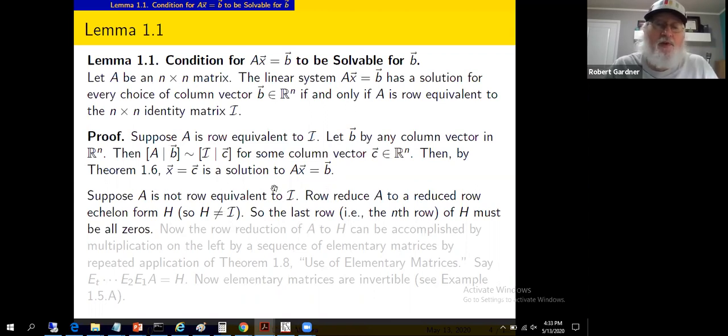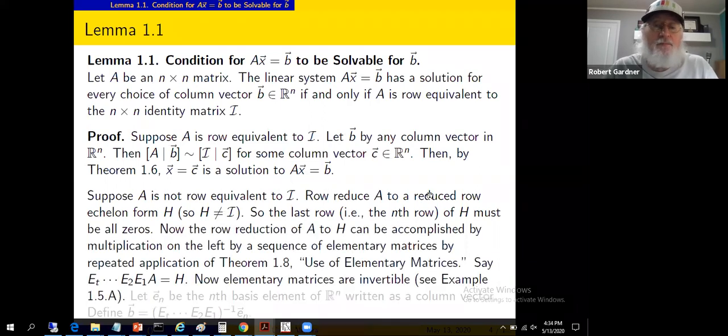So here's where we are. A is not row equivalent to the identity. Well, reduce it down to a matrix H that's in reduced row echelon form. That's got to have a row of zeros at the bottom. How did you get A reduced to H? By a sequence of elementary row operations.